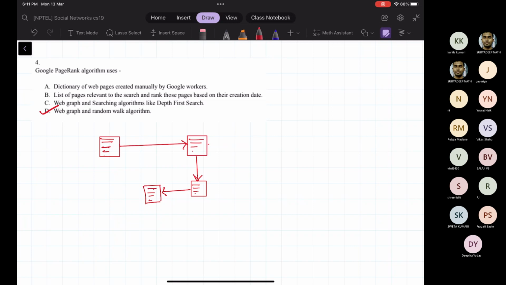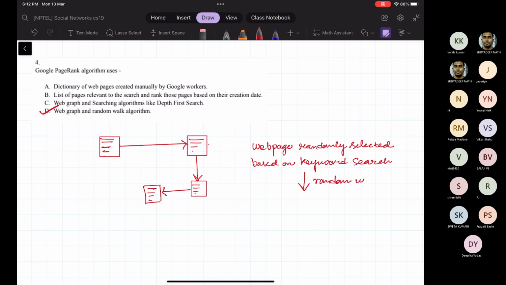From a web page randomly selected based on keyword search, it does a random walk and visits other web pages via the hyperlinks.